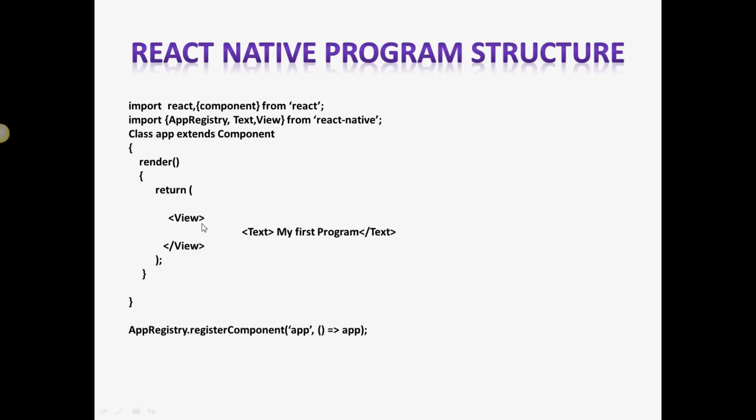You can see this is View. Whatever design element you want to create, it must be in a View, because a View can contain as many elements as you want, and it can organize the elements in different formats that we will discuss later. So this is the structure of the program.